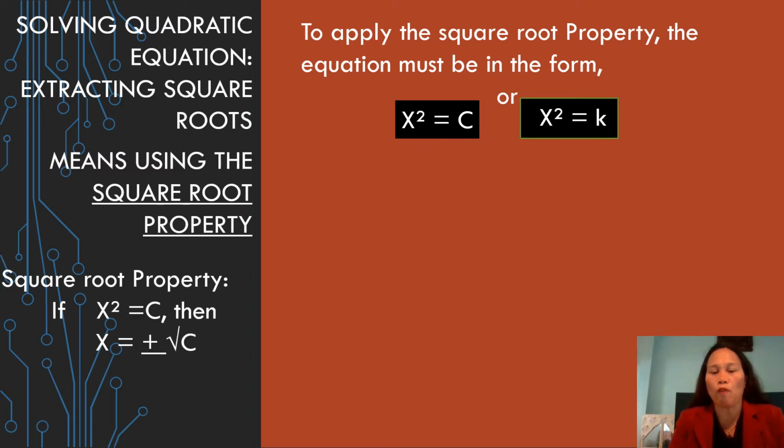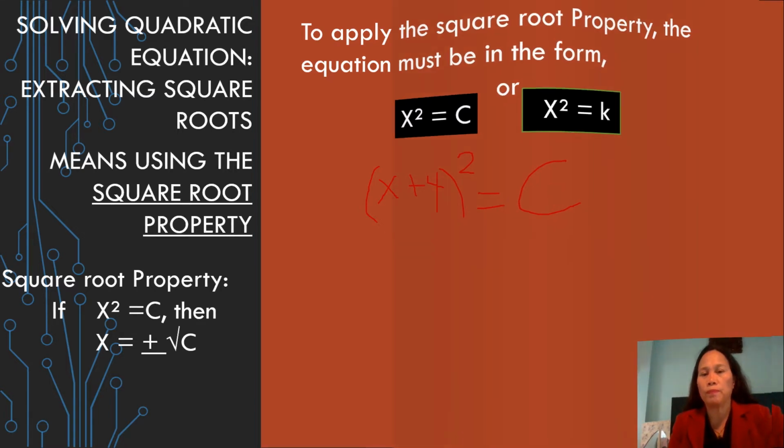Now, mayroon pang isang form na still pwede rin nating apply yung property, yung kagaya kanina, sa given example ko, x plus 4 quantity squared, something like that, is equal to c. Okay? So, let's apply this one now.